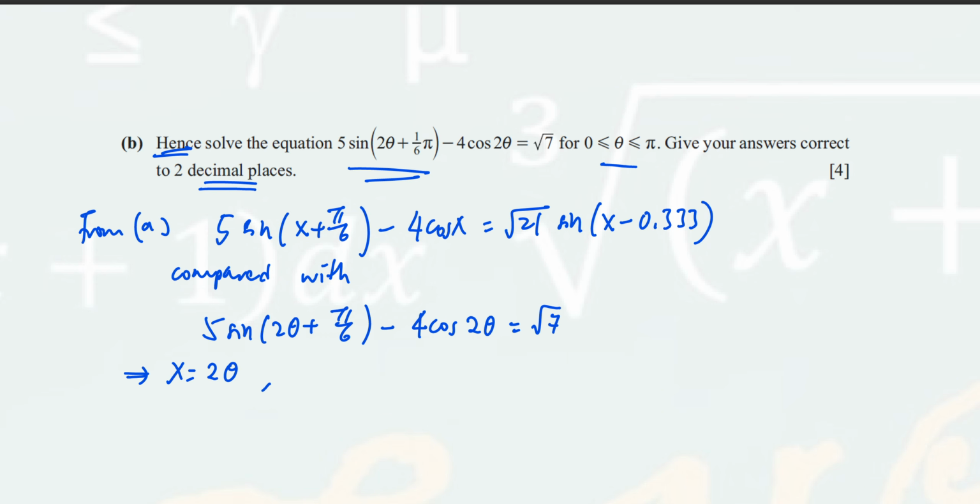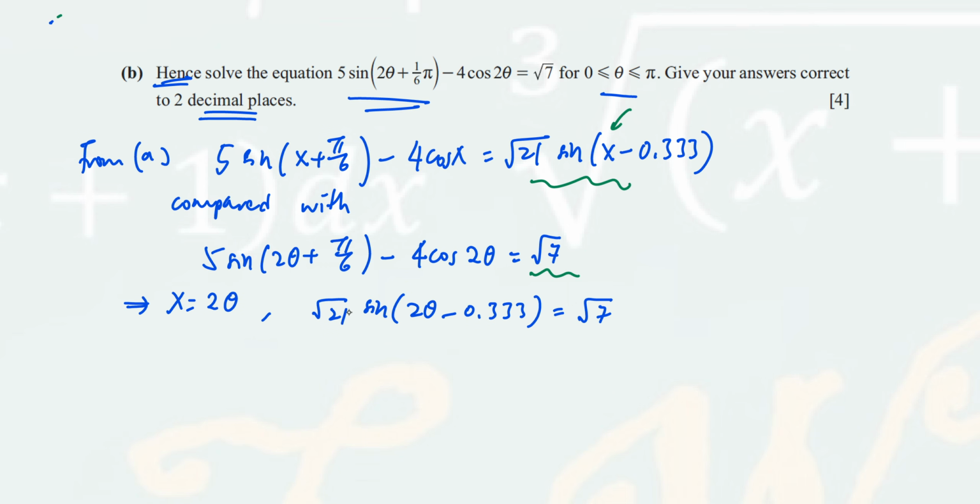So after I replace it by 2 theta, the right hand side will be the same as the part A answer, provided I replace my x by 2 theta. So here I will write square root 21 sine 2 theta minus 0.333 equals square root 7.